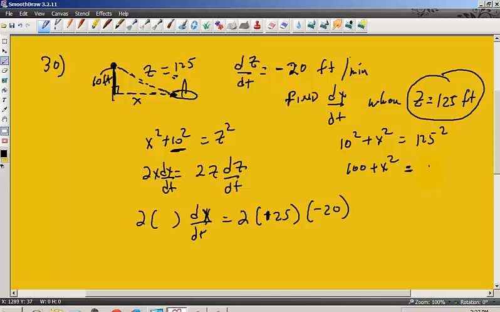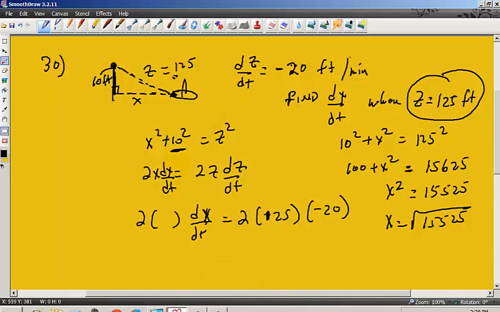I'll bet you my paycheck is not 525. 15,625. Thank you very much. I'm not very good with numbers. So 15,525 when I subtract, right? My x is equal to radical 15525.